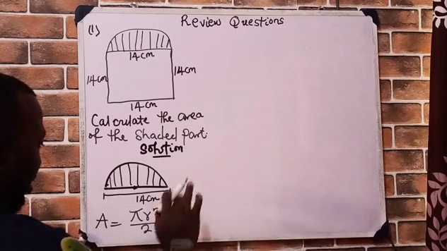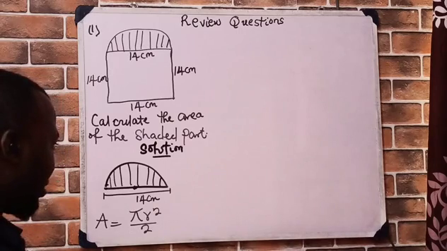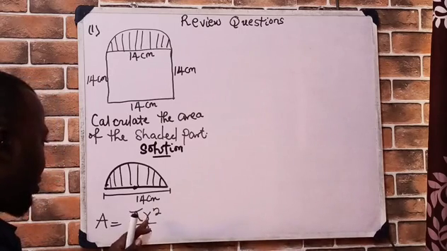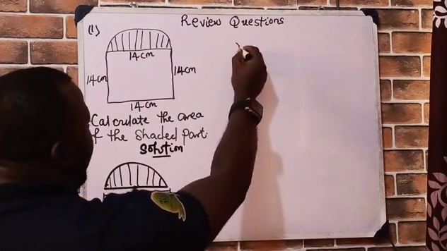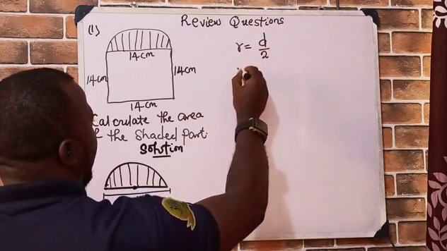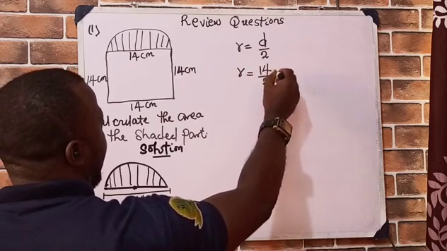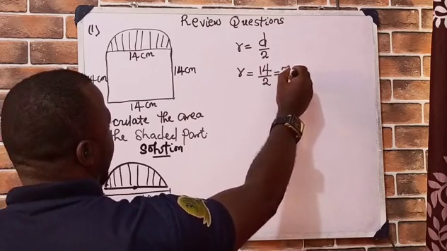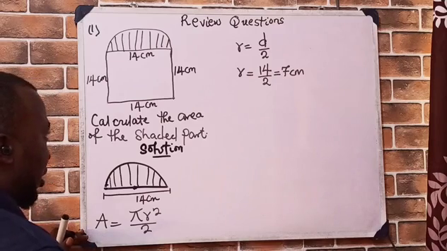And this is a distance that covers the circumference of the circle. So our radius will be the diameter divided by 2. That would be radius is equal to the diameter all over 2, giving me 14 cm divided by 2, which is equal to 7 cm as the radius.